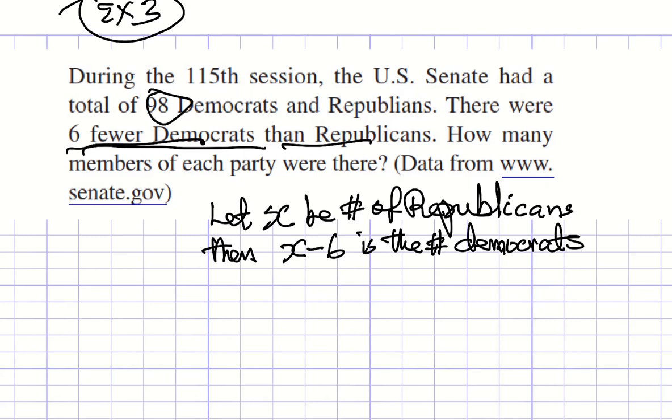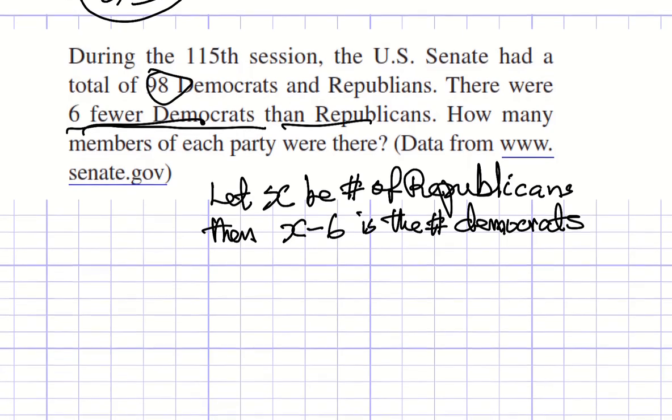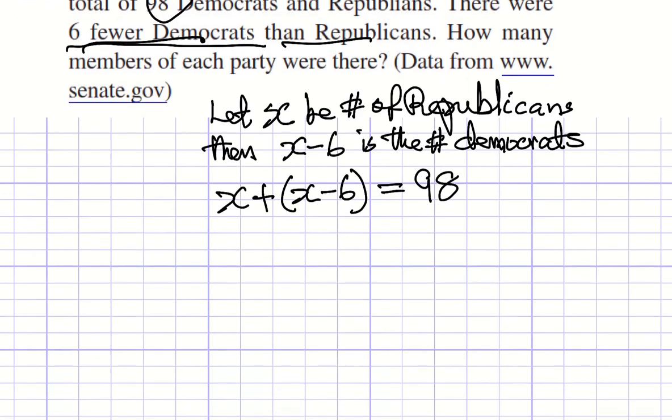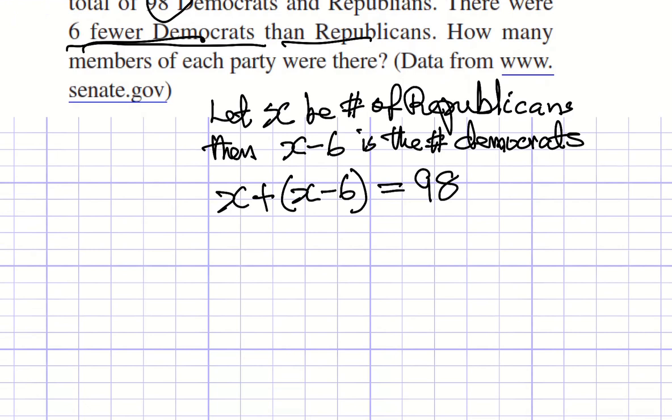So once you get this set up, you say the total there is 98. So we'll say X plus X minus 6 equals 98. It's just the same problem we did before, they just change it a little bit. Once you get that set up, everything is easy. Remove the bracket, you have 2x minus 6 equals 98.